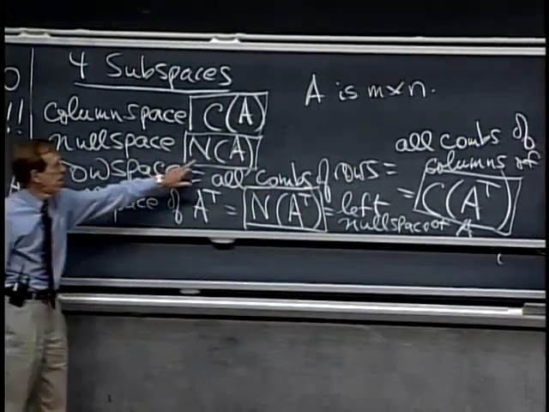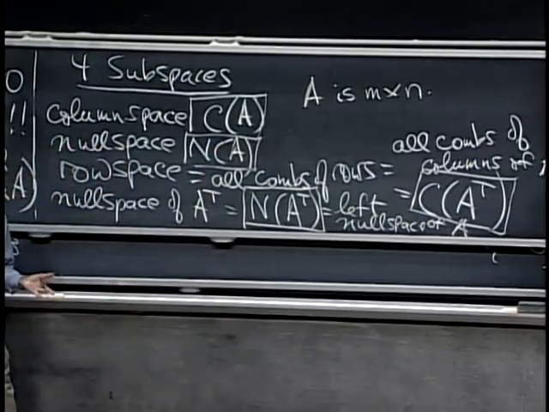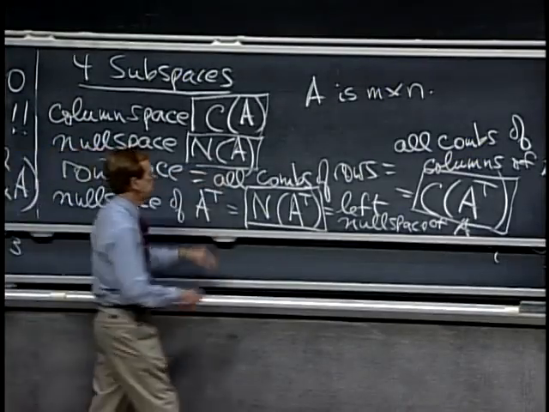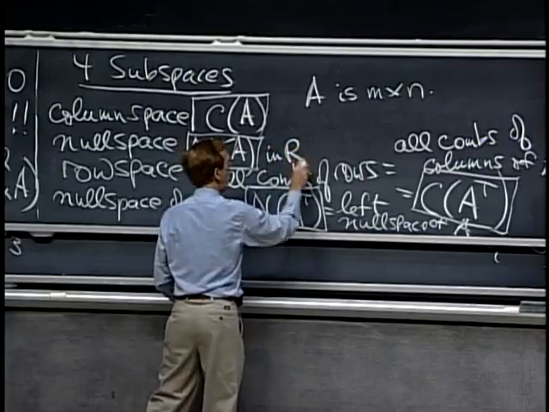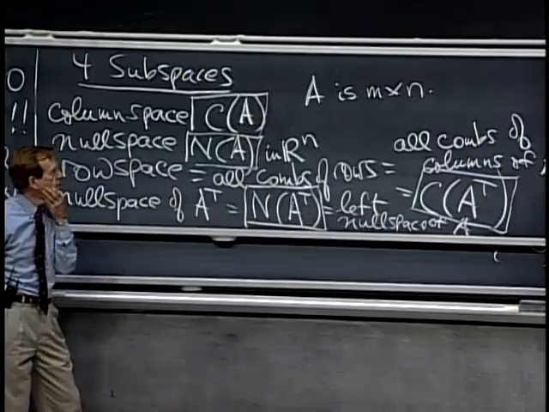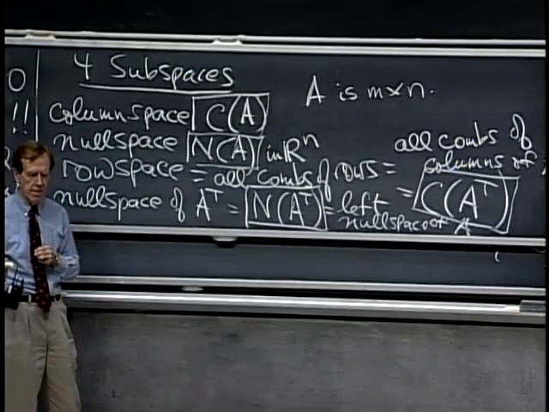In that case, the null space of A, what's in the null space of A? Vectors with n components, solutions to Ax equals 0. So the null space of A is in Rn. What's in the column space of A? Well, columns. How many components do those columns have?